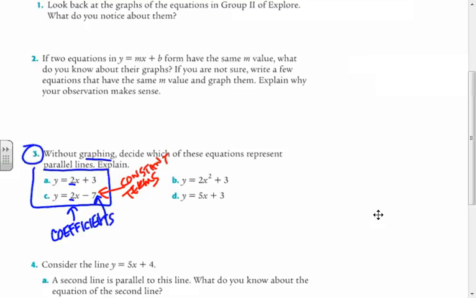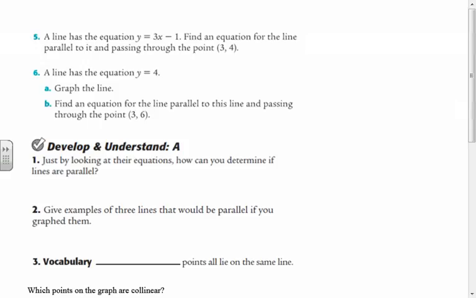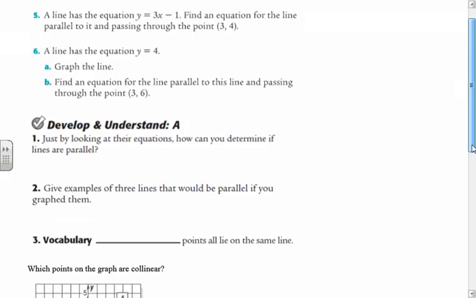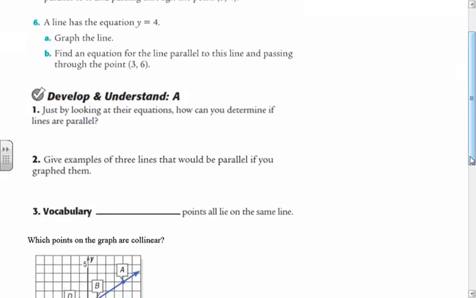All right, so let's go to the next page. And first of all, we're just going to review what you learned from that. It says just by looking at their equations, how can you determine if two lines are parallel? The way you're going to decide is if the coefficients are the same and the constant terms are different, you will have two equations that represent parallel lines.